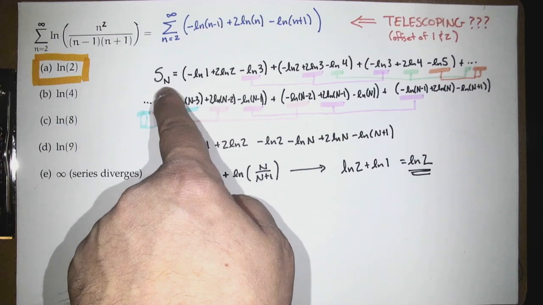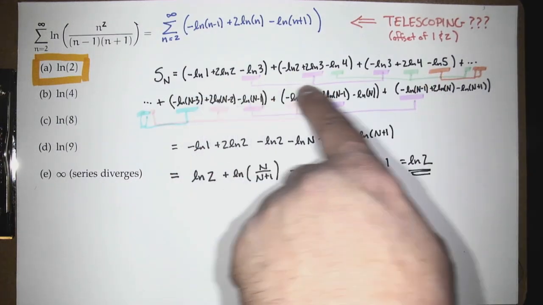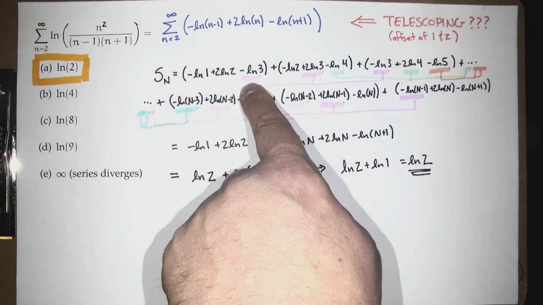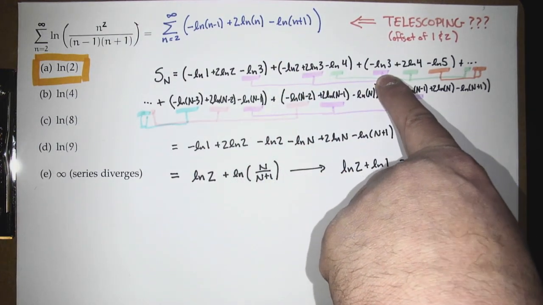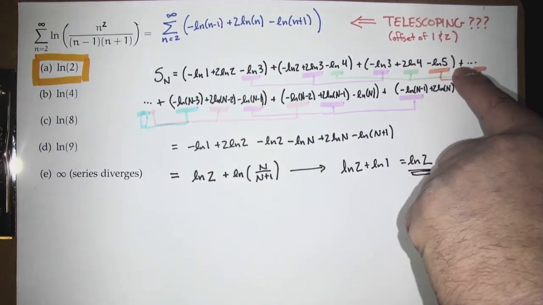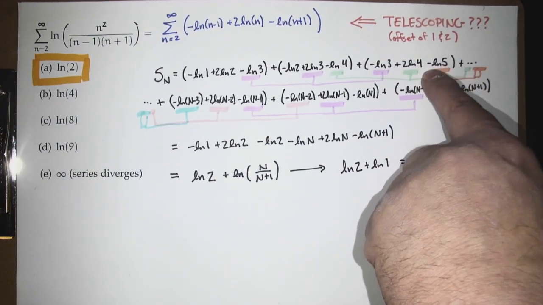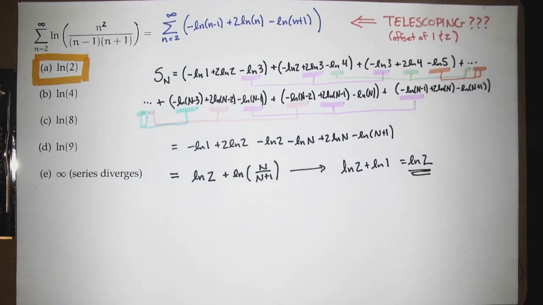So I'm looking at a partial sum. I'm going to have the first three terms. And I notice that the log 3 terms of the first three terms will cancel out. The log 4, starting with the second, third, and fourth term, will cancel out. The log 5 will cancel out with the next two terms, and so forth and so on. And then at the end, there's something similar that happens.